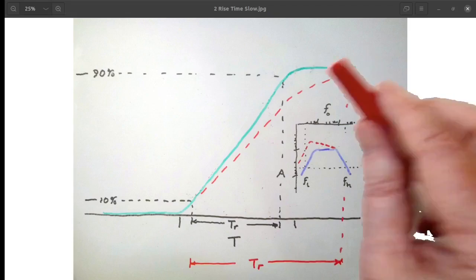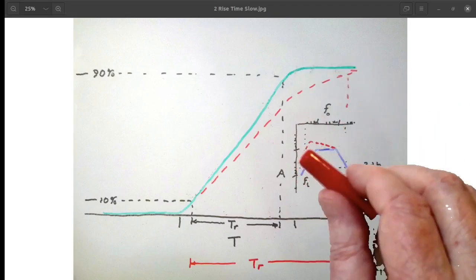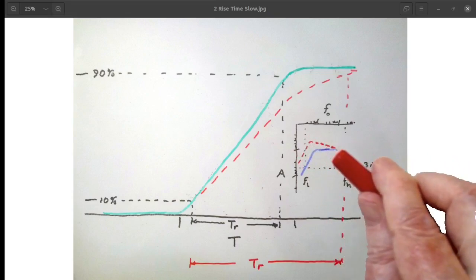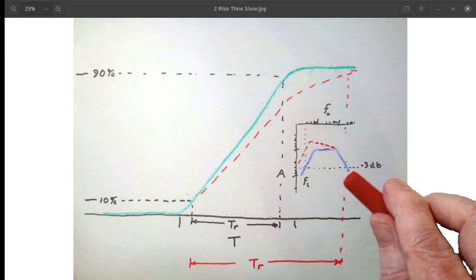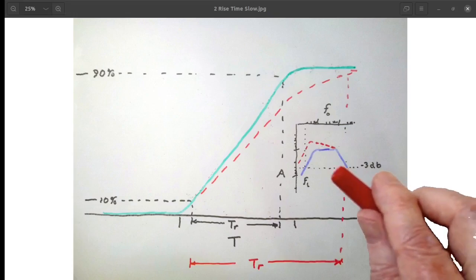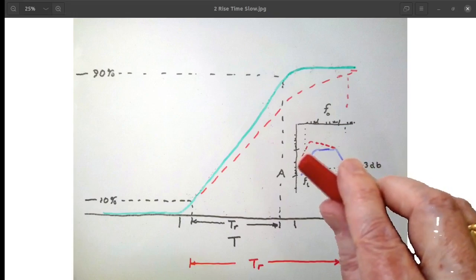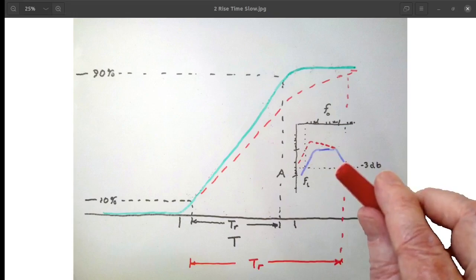So that results in a bandwidth that gives this appearance, a peak at the low frequencies. It descends to the normal high frequency corner, and then rolls off 3 dB. So we've, in effect, changed the minus 3 dB of this point, but not this point.